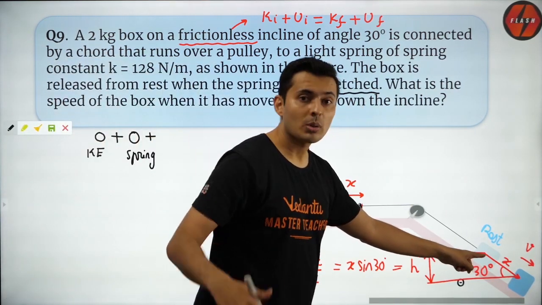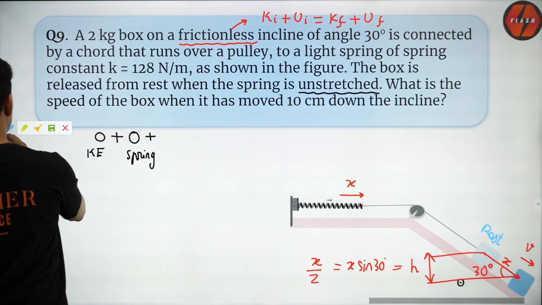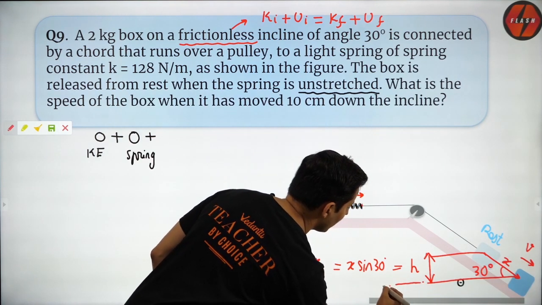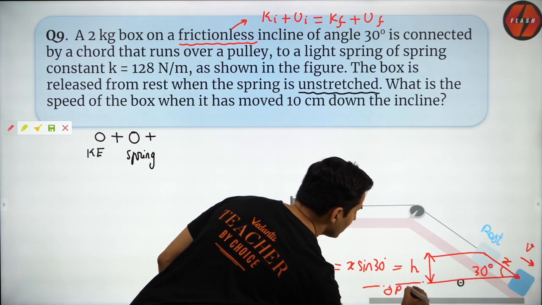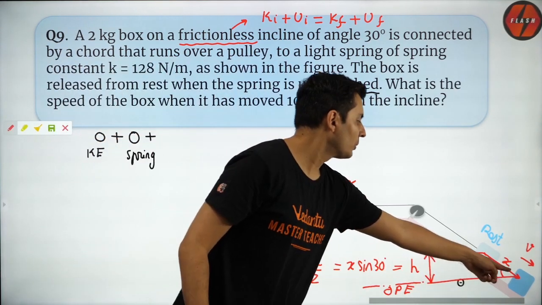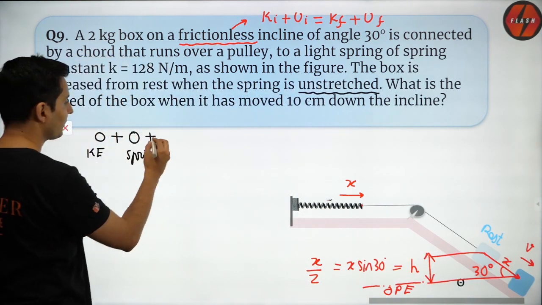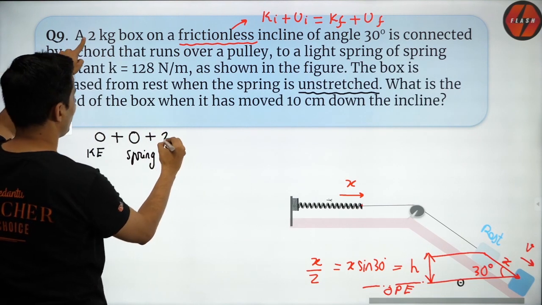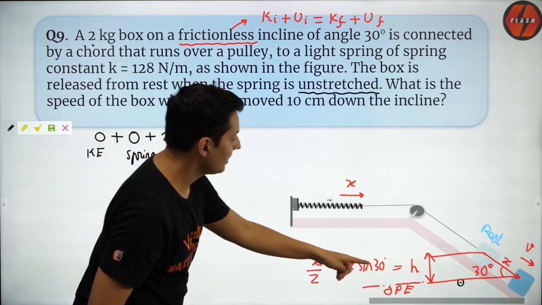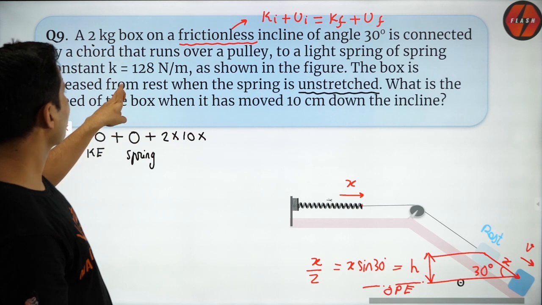Gravitational energy, well, it's up to you where you want to take 0 height. So somebody might say, okay sir, I'm going to take this height as my 0 potential energy line. It's okay, you can take that as your 0 potential energy line. So with respect to that, you have some potential energy. How much is it? M into G into H. And how much is H? Well, it is X by 2.